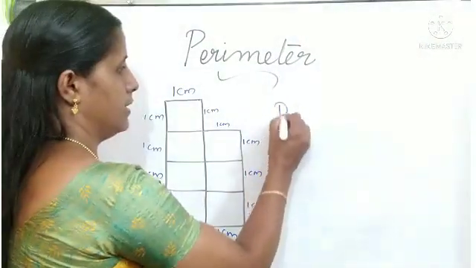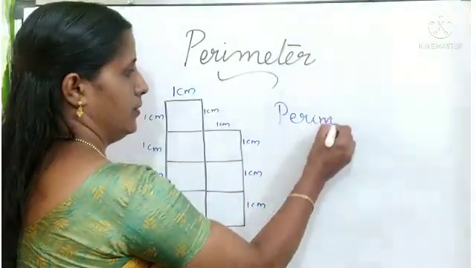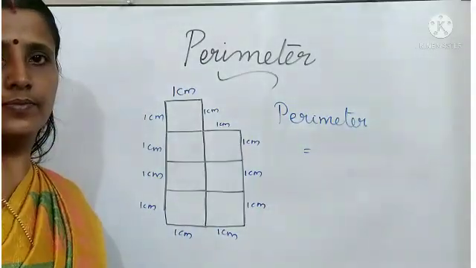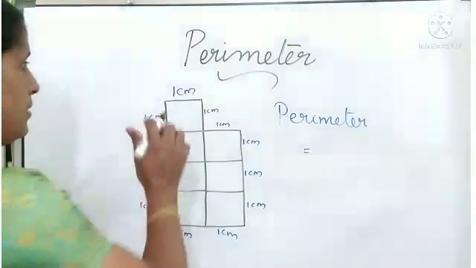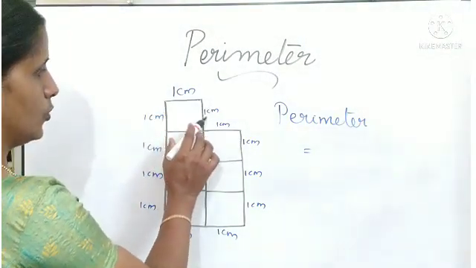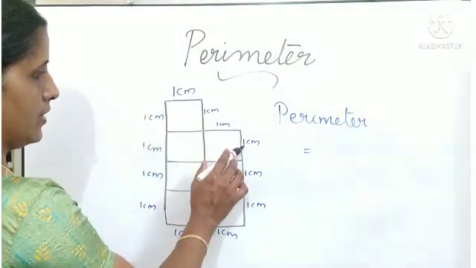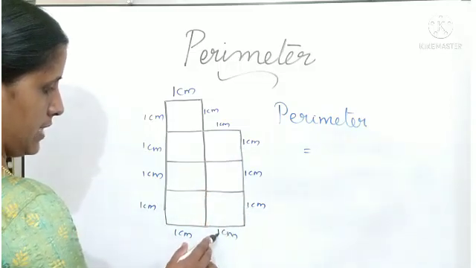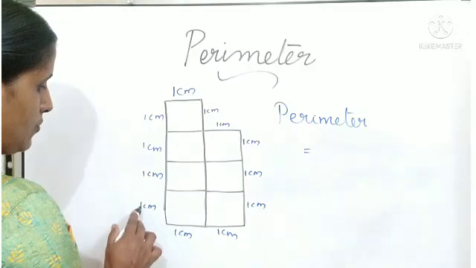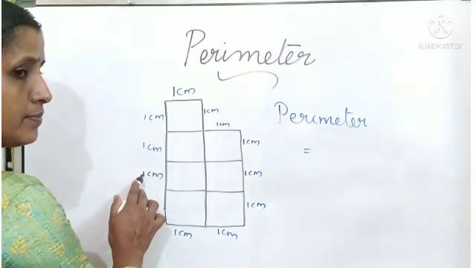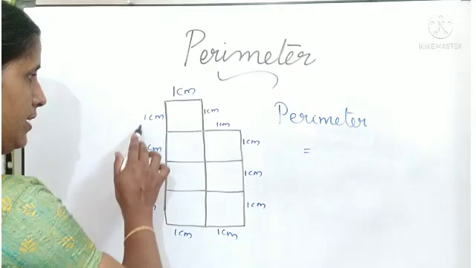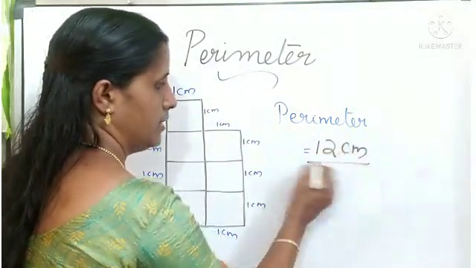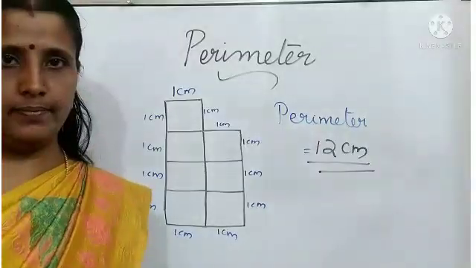So perimeter is equal to, count the measurement. 1 plus 1, 2. 2 plus 1, 3. 3 plus 1, 4. 4 plus 1, 5. 5 plus 1, 6. 6 plus 1, 7. 7 plus 1, 8. 8 plus 1, 9. 9 plus 1, 10. 10 plus 1, 11. 11 plus 1, 12. So the perimeter becomes 12 centimeter.